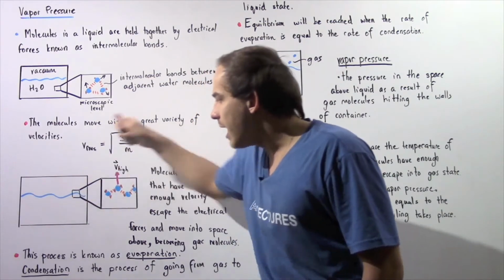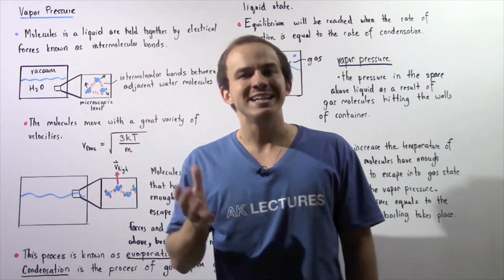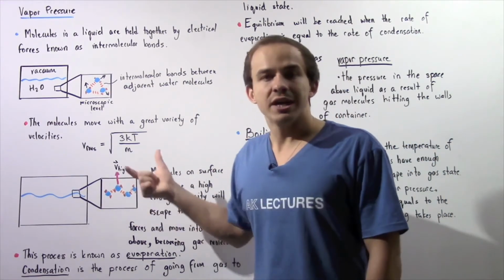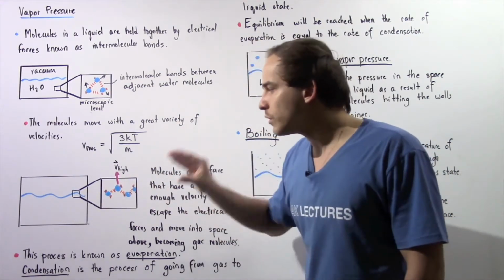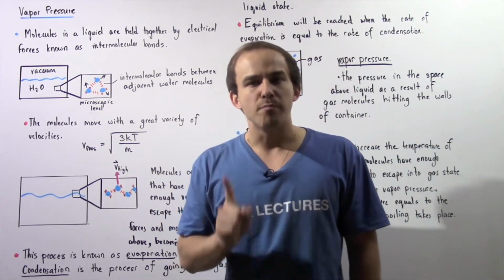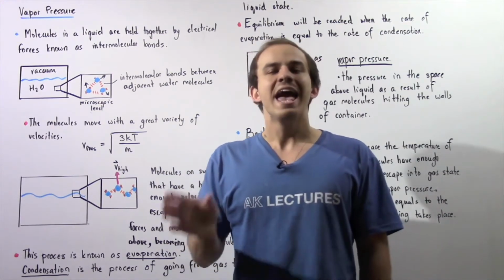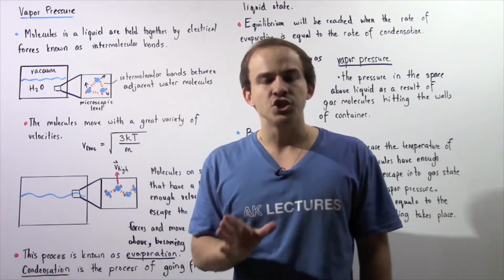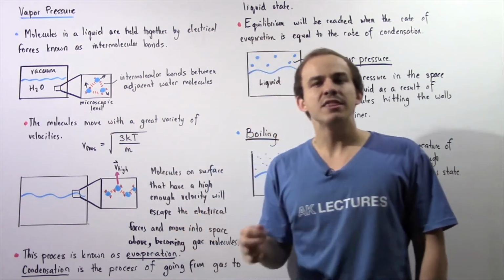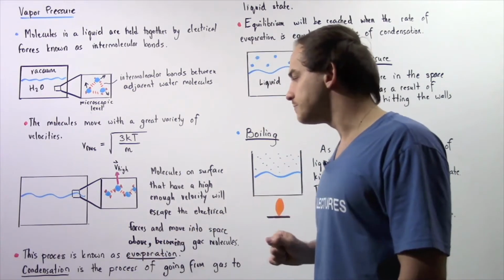Some of these molecules found on the surface will not have enough kinetic energy to escape the intermolecular bonds, and will remain in the liquid state. But some of these liquid molecules that have a high enough velocity and therefore a high enough kinetic energy will escape into the empty space above. And this process is known as evaporation.